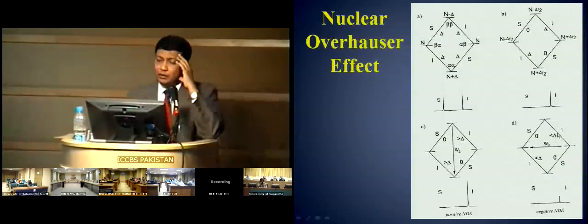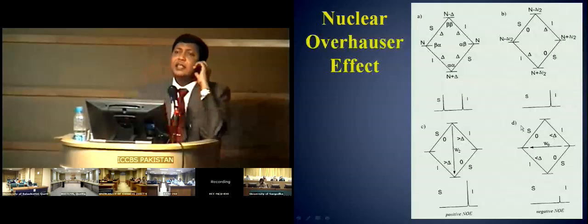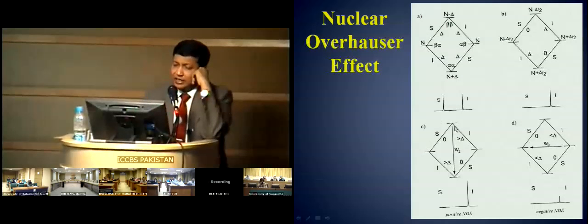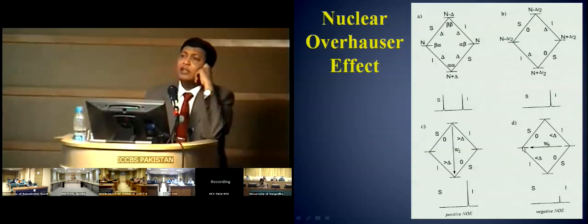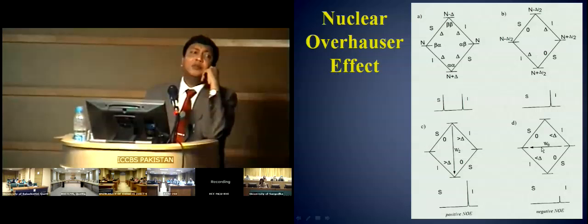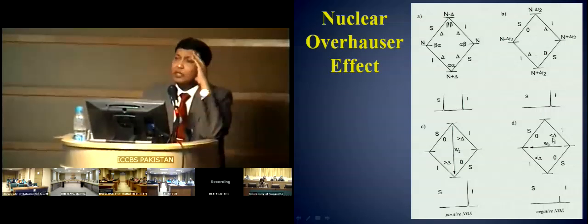Okay, but now this is another case. Because of some reason it is not happening. What is actually happening is a transfer of population from this level to this level, which is again a double quantum transfer, but it is a zero quantum transfer in terms of spin orientation. What will happen?